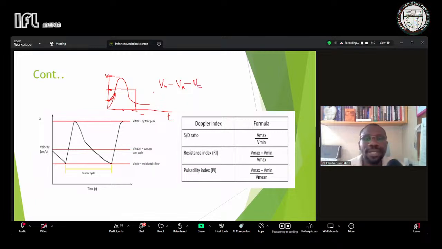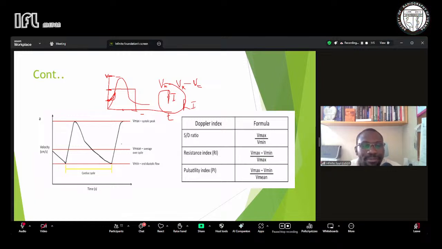So the best way, I think, would be really to use the preset rather than trying to calculate, because in some instances, for example when you are looking for the pulsatility index, at a certain time you will first have to calculate the resistive index such that you get all the measurements you need, and you substitute to calculate the mean velocity. So I would really say it would be better if you use the machine calculations.